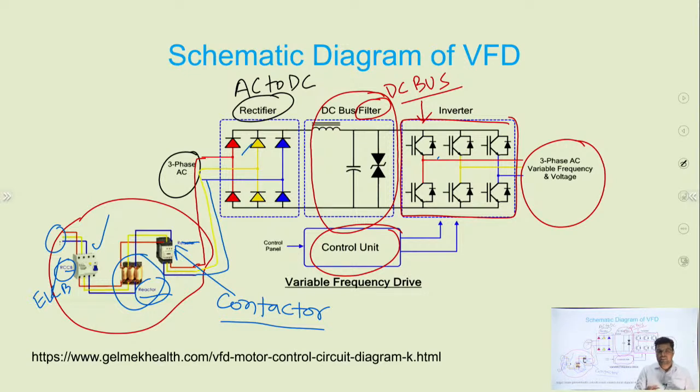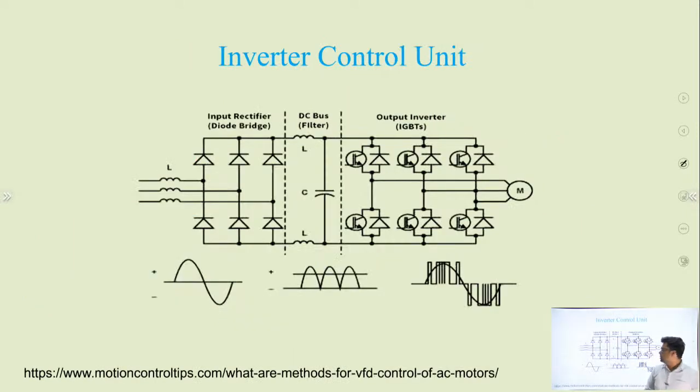And this can also be controlled through PLCs and so on. So this is the important part of the circuit, that is the control unit: how to control this inverter circuit. So now come to the inverter control unit. I will cover here the inverter control circuit, only this part.